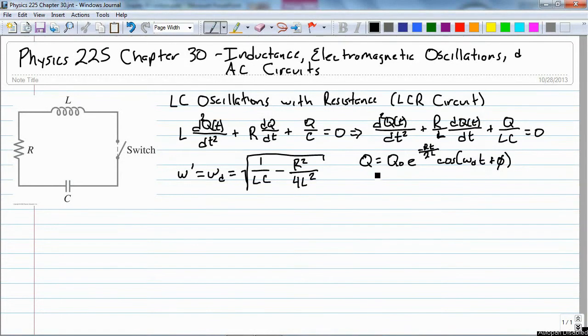Now we can also extend this because of Q. I can do the derivative of this, and that would get me the current. And actually this should be Q as a function of t here.